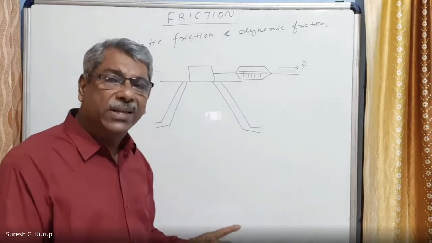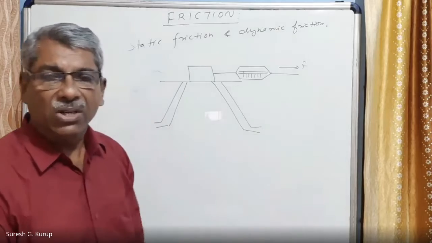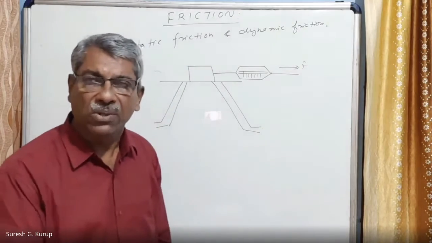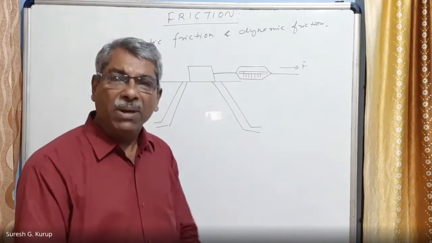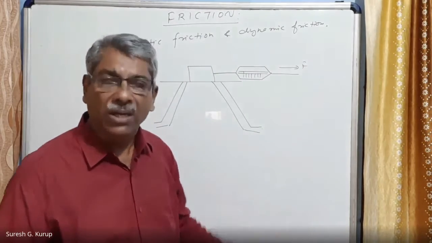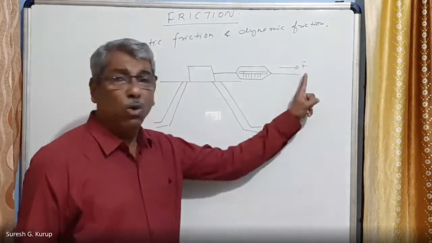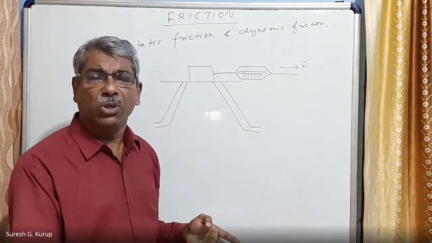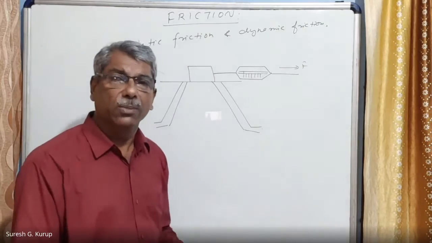At all these times, the frictional force developed is called static friction. Static friction is a friction that is acting between two surfaces when one body can move over the other, but the body is not moving at all, right? But frictional force must act. So when there is no pulling force, then frictional force is zero. When we put a pulling force on the body, the frictional force also comes into action.